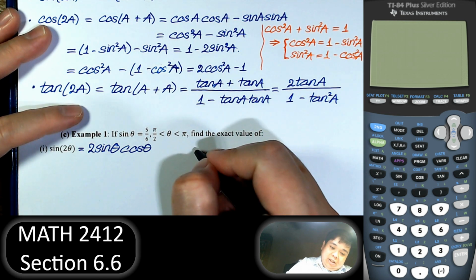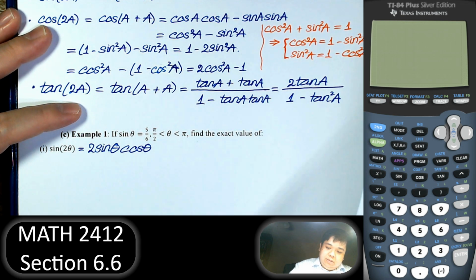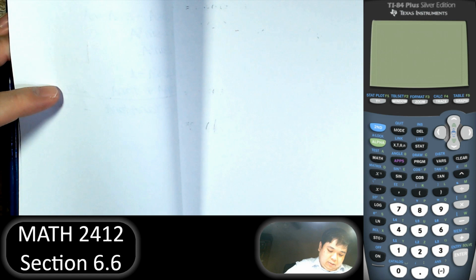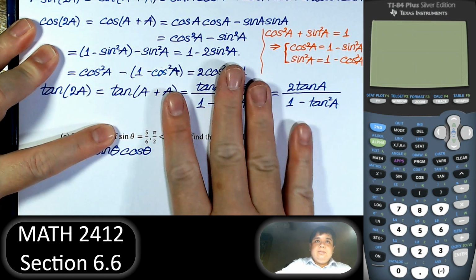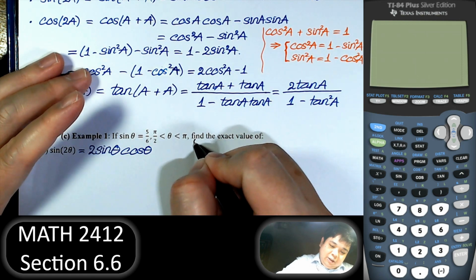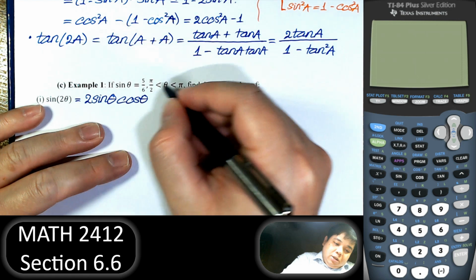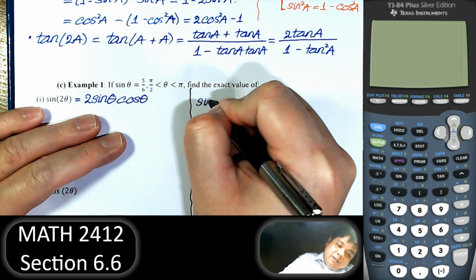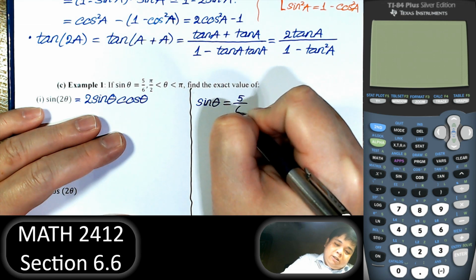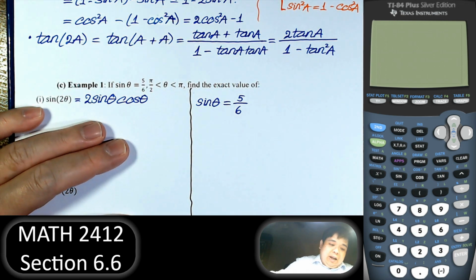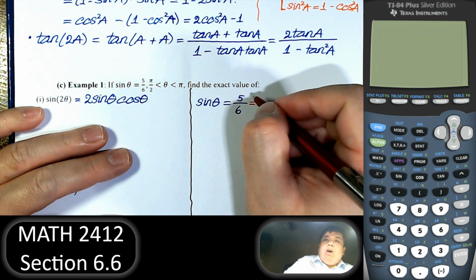That should be easy. So we have sine theta equal to 5/6. And sine is equal to y over r.